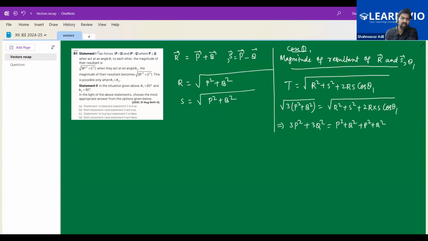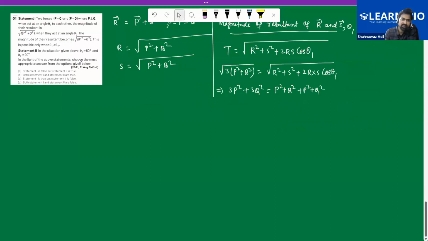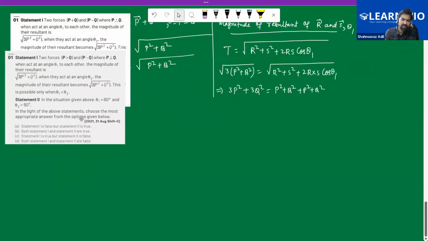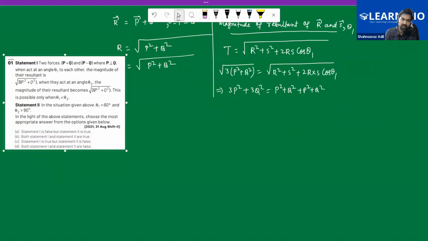Good. So whenever you guys have any doubt, please don't hesitate to ask, right? In the question, the magnitude of their resultant is given. We have one vector which is p plus q, and one vector which is p minus q. Let's say this is the a vector and this is the b vector. We take the resultant of a and b, and their magnitude is this.